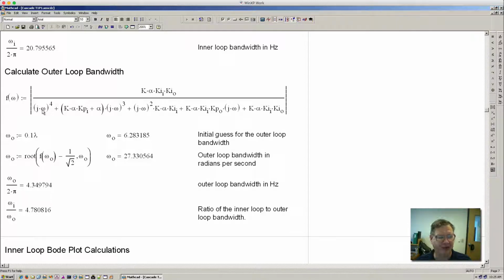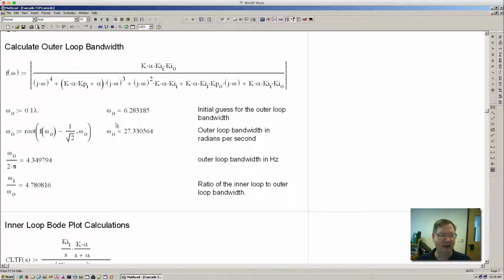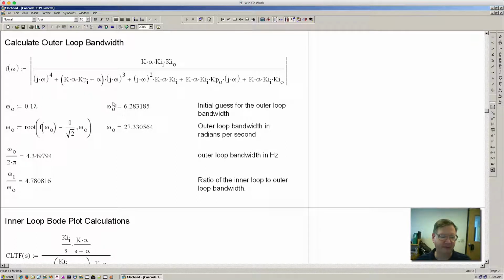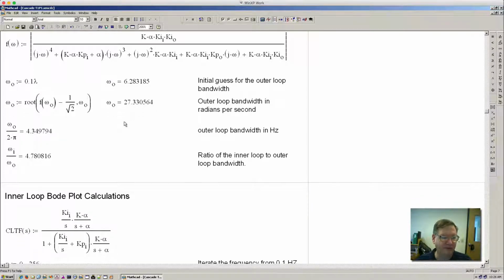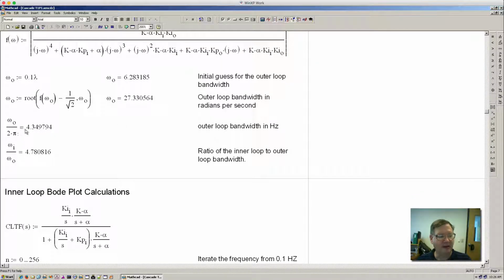And the outer loop bandwidth, and again I borrowed this transfer function from above, but I substituted j omega for s, and this is a guess for the initial velocity, or bandwidth, and I do the same procedure here, and I get a bandwidth at 27.3 radians per second, about 4.35 hertz.